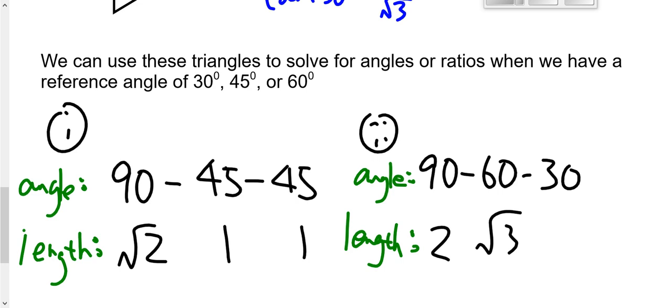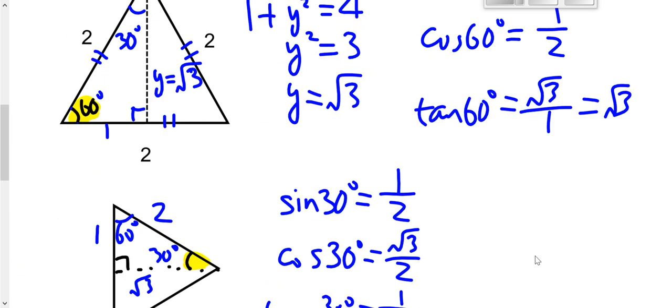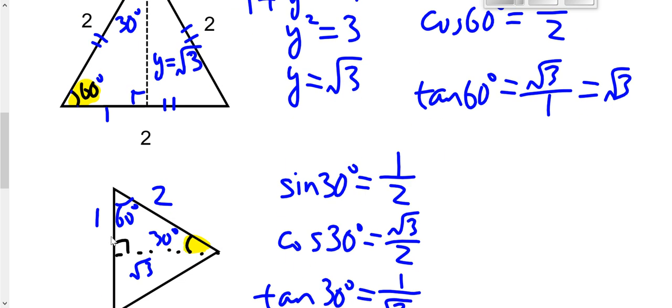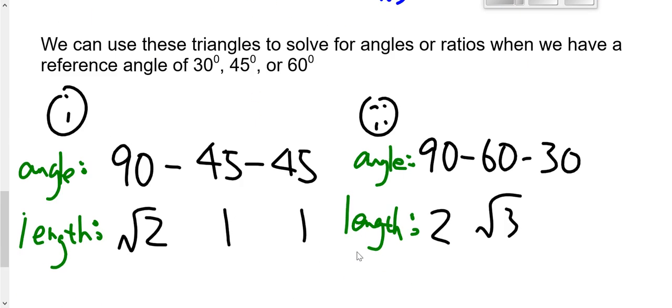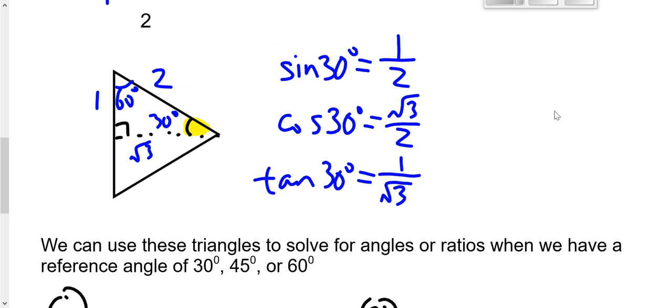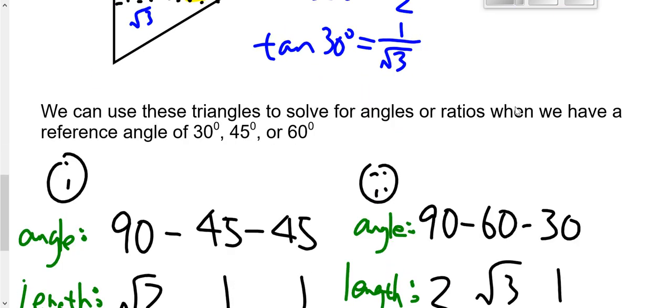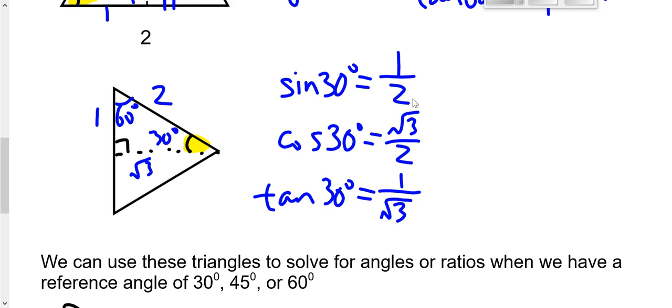And the length of the side opposite to 30 degrees is 1. Okay, so this is not on your formula sheet, so you better memorize that. If you know anyone who took Math 30-1 already, you might want to ask them the trick.